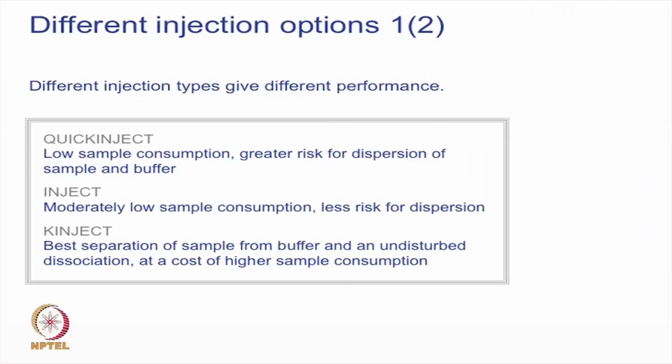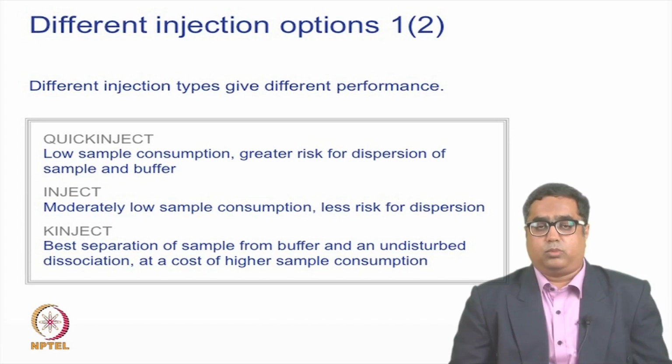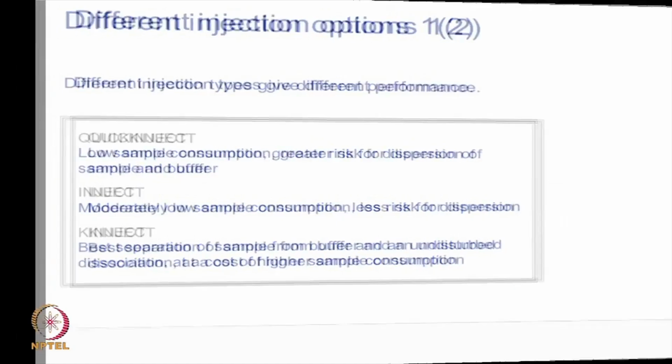So the sample injection process depends upon the flow rate, and the different modes of injection are generally called quick inject and inject. Depending upon the type of study you are doing, be it screening, kinetics or thermodynamics, the mode changes, and the interaction is recorded at that particular flow and contact time.